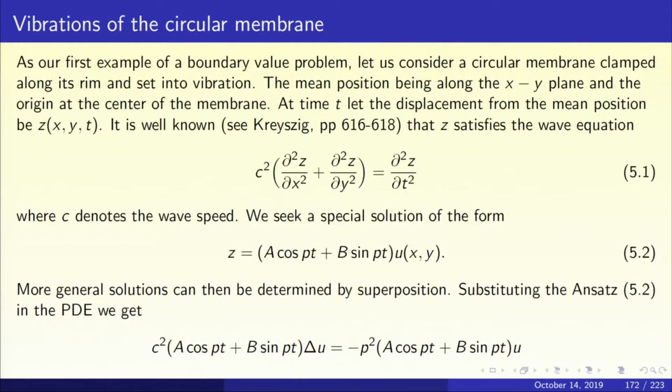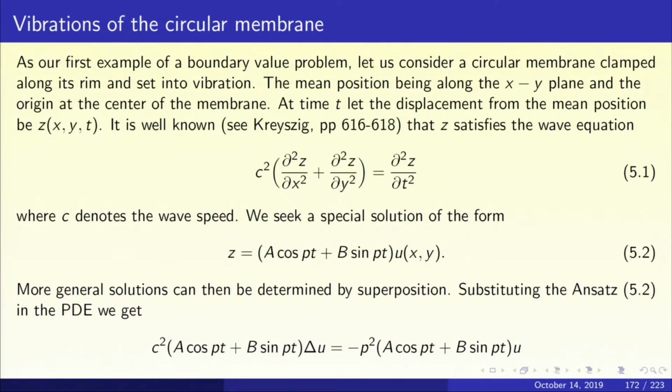So, let us begin with a simple example, namely a boundary value problem arising in physics, which will give rise to a PDE. So, what is a partial differential equation? Let us consider a circular membrane clamped along its rim, like the membrane of a tabla, for example, and it is set into vibration. The mean position can be thought of as the membrane being in the xy plane.